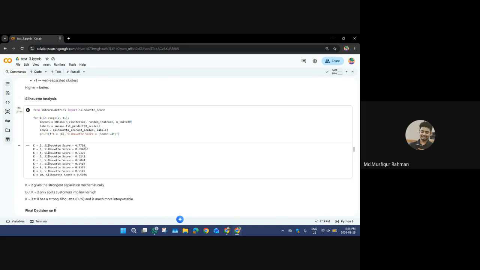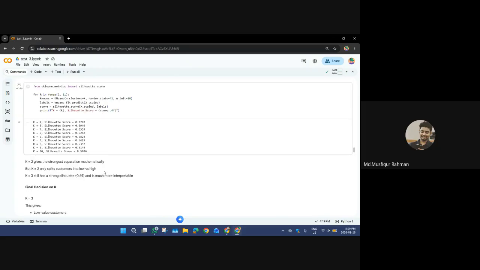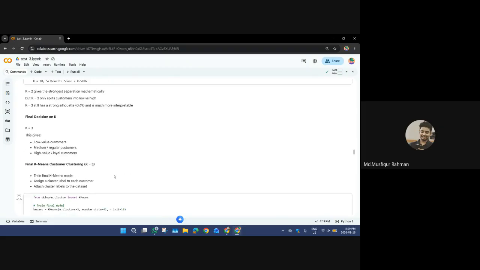Based on those two, we took the best one, which is, I think, 3. So k equal to 3 has a strong Silhouette score, 0.69, and it's much more sensible. That's why we took k equal to 3. And for clustering, our next group member will describe all the things.